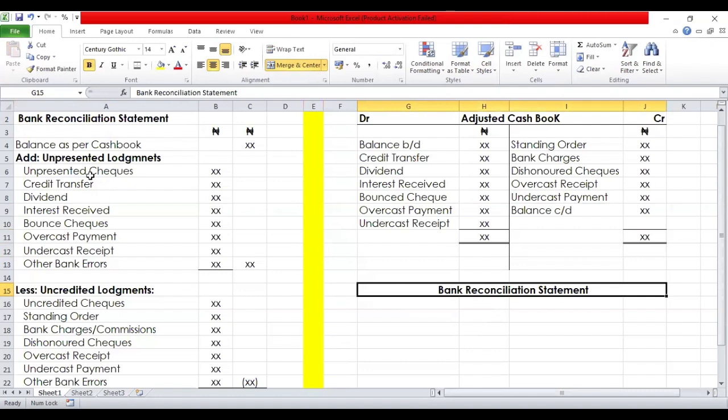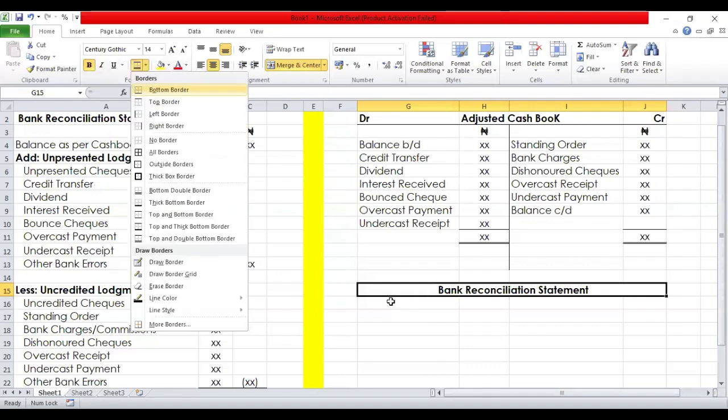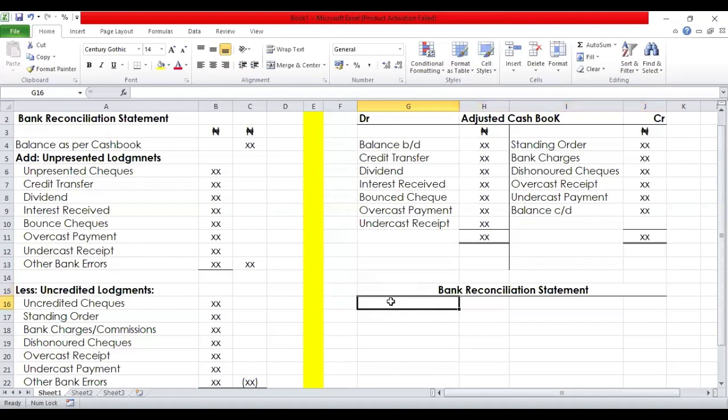I will copy this. Now, the first thing we are going to have here is balance as per adjusted cash book.